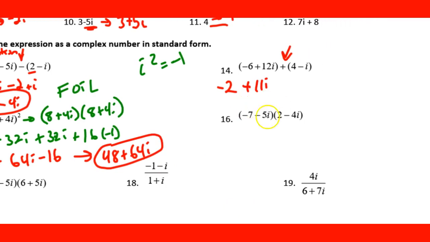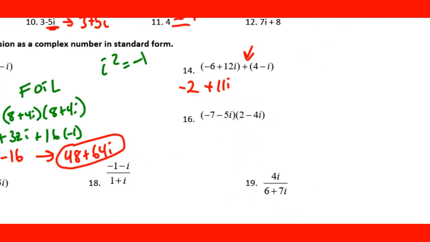Again, right here, let's FOIL. So we have negative 7 times 2, negative 14, negative 7 times negative 4i is going to be a positive 28i, and then negative 5i times 2 is going to be a negative 10i, and negative 5i times negative 4i is going to be a positive 20i squared.